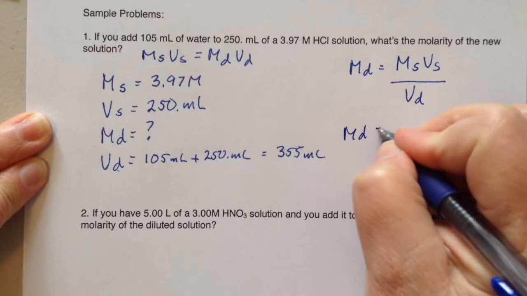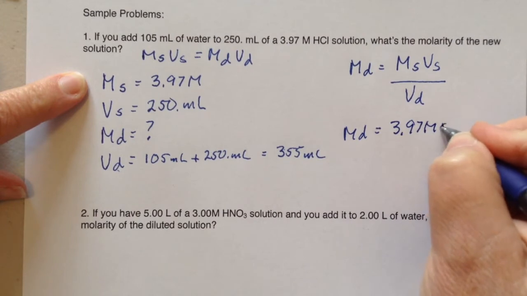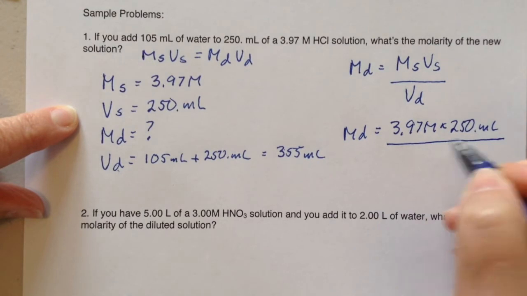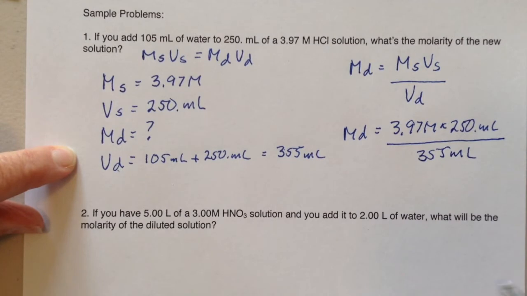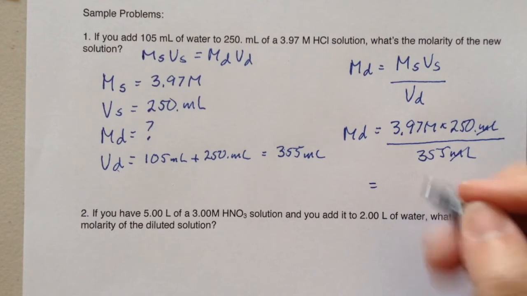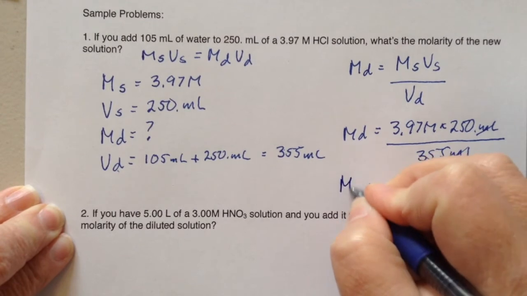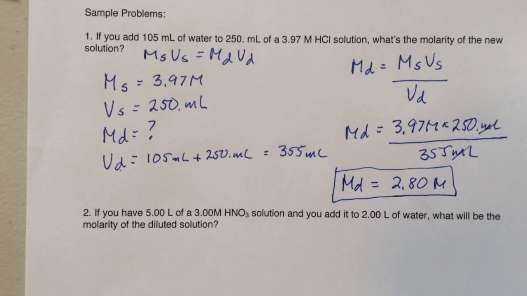So the molarity of the diluted thing is going to be 3.97 molar times 250 milliliter divided by the new volume, which is 355 milliliters. And you'll notice that the milliliters will cancel out and we'll be leaving just molarity as our units, which is what we want. So you get your calculator out, and to give that 3 sig figs, you can try it, but it's 2.80 molar. So the molarity of the new diluted stuff is 2.80 molar.